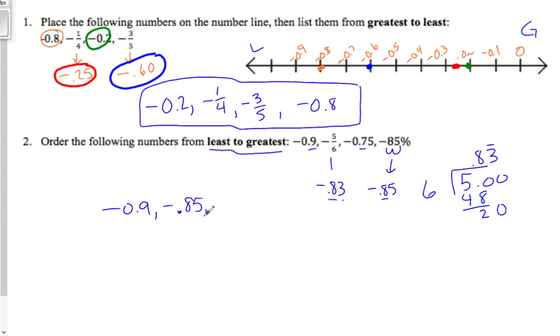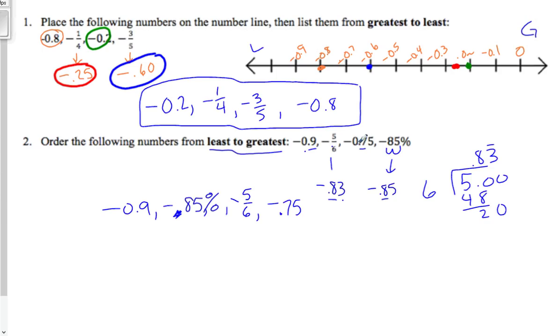Because remember, the bigger the negative number is, the smaller the value is. And this is 85%. Sorry, I wrote the decimal. Ignore the decimal. That goes away. All right, and then I have -0.83, which is -5/6. And then my last number is going to be -0.75.